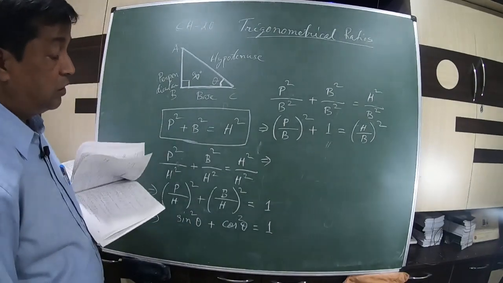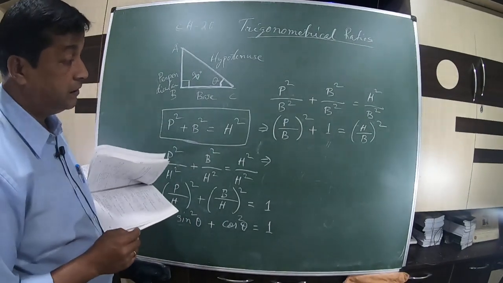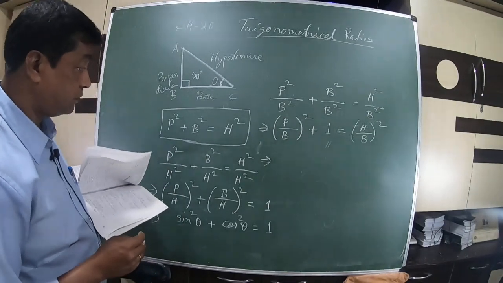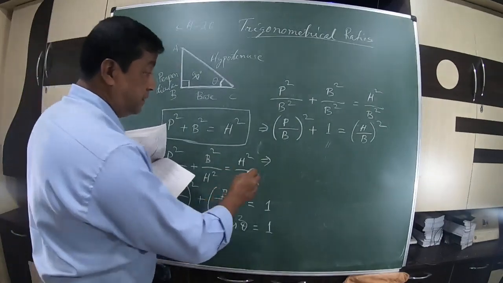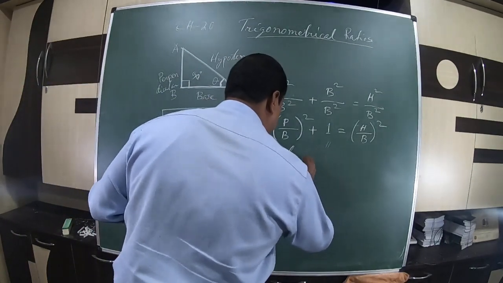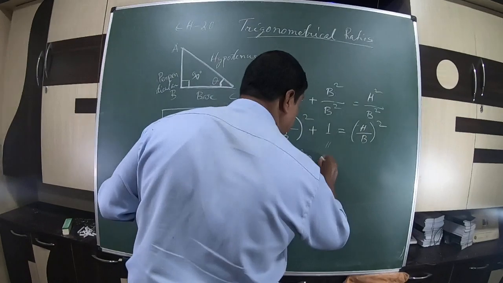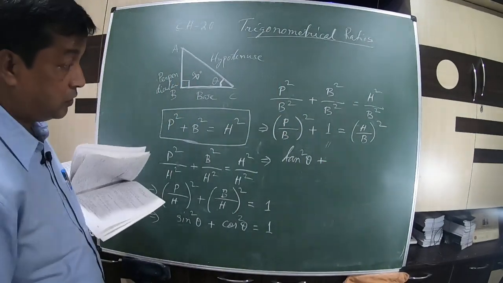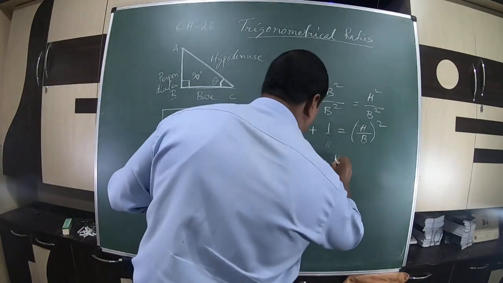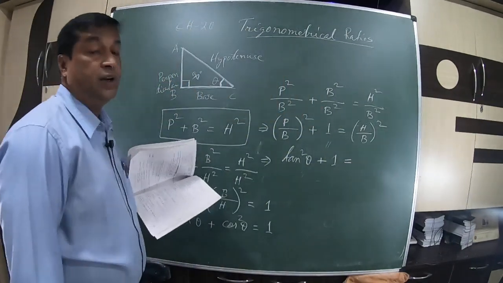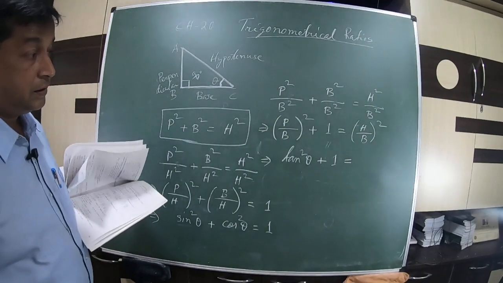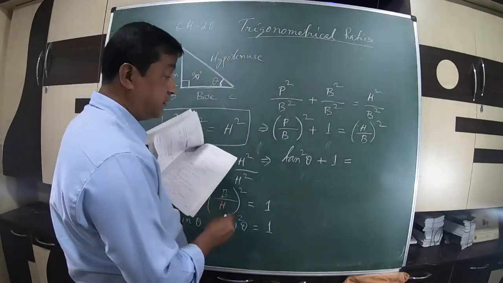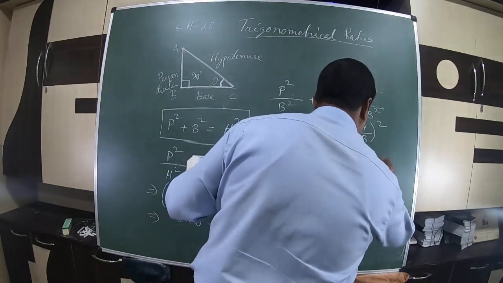Now perpendicular by base, if you take, it will be tan square theta plus 1, that is equal to hypotenuse by base, which will be sec square theta.